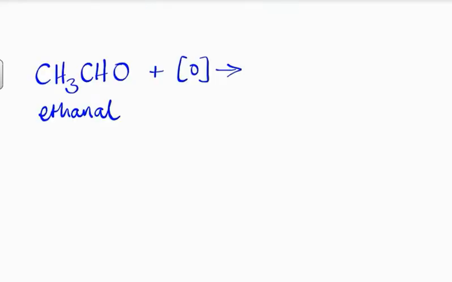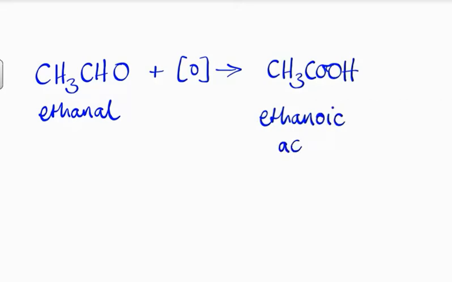Remember that the ethanol will oxidize further to make our carboxylic acid. So with 2 carbons, that's just going to give us ethanoic acid. And you can probably see that that's now balanced, so no other products needed.